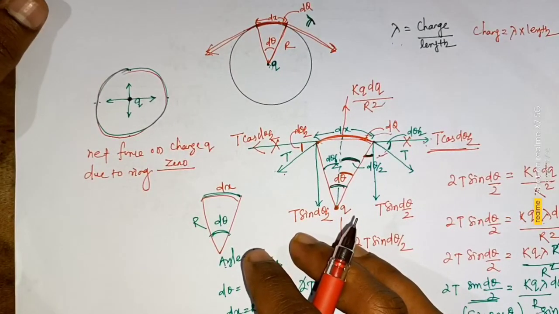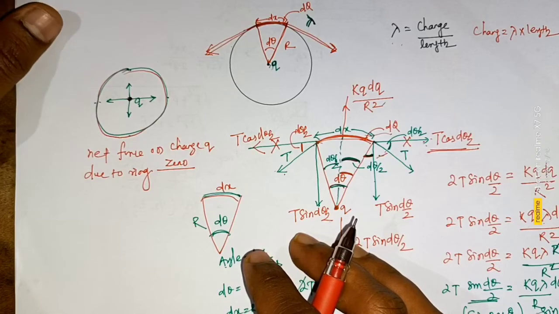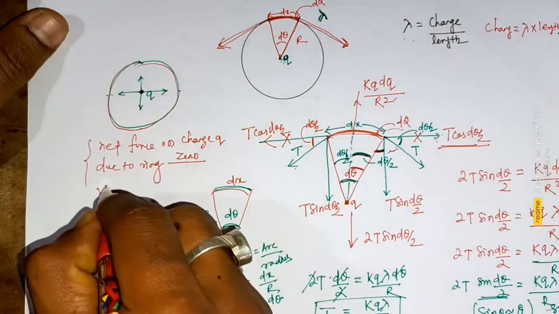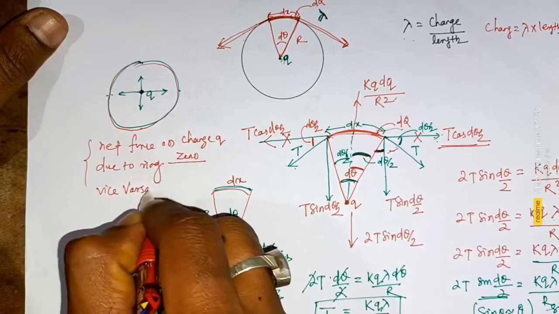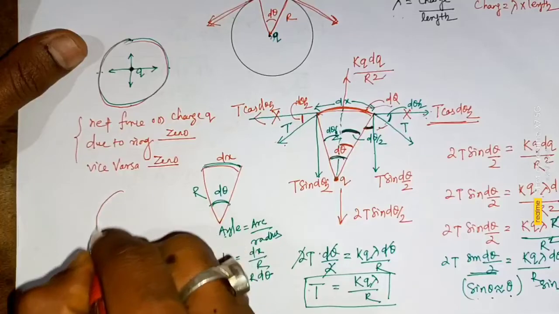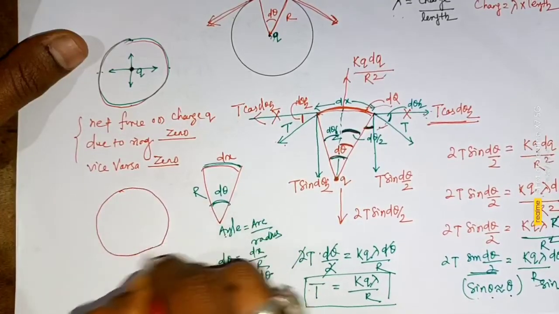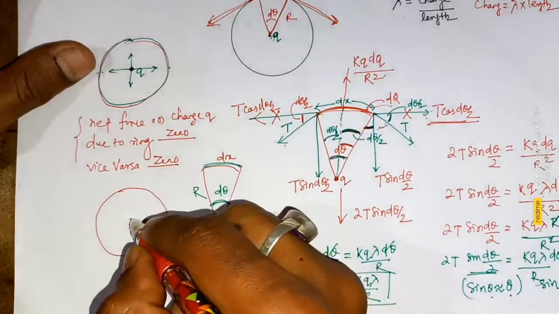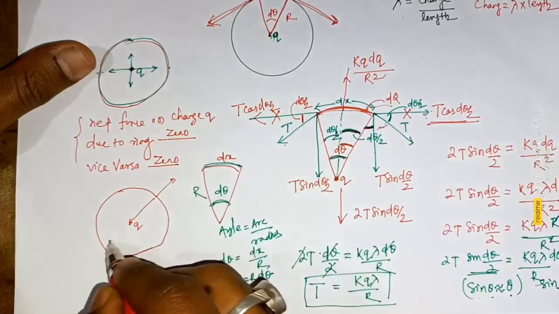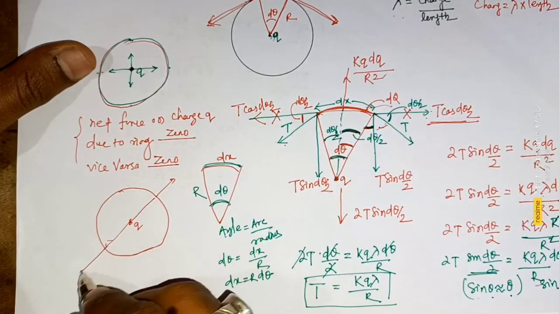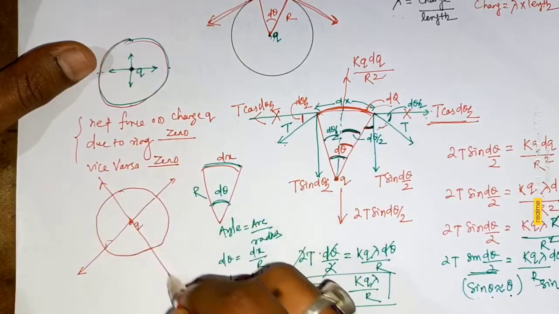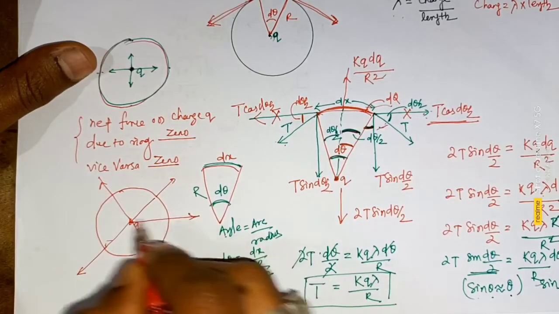Similarly, vice versa, the net force on ring due to charge is also 0. Why 0? We just have to visualize the things a little. This is my ring, this is charge Q, and at each and every instant the force will be radially outward. If this section is radially outward, this section also is radially outward.